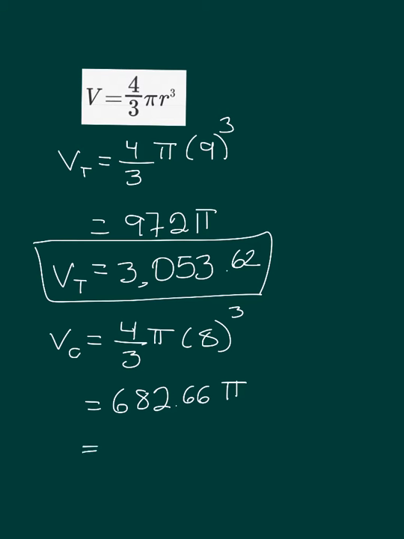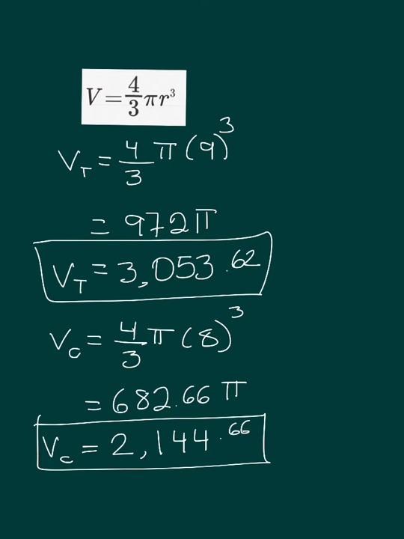So if we multiply 682 times pi, that will be 2,144. So the volume of the center is 2,144.66.